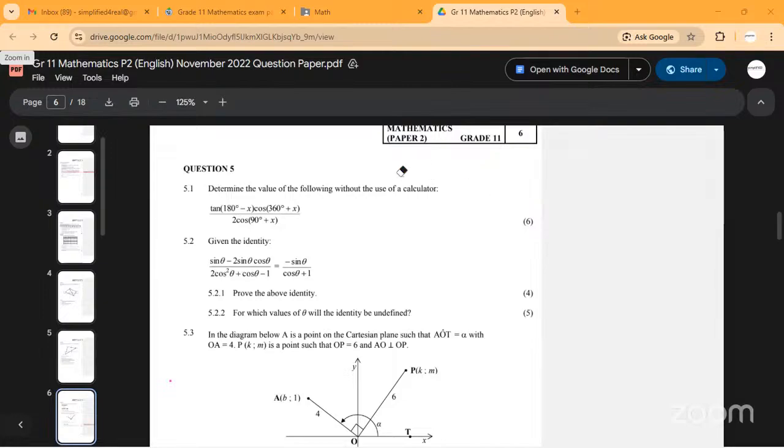Normally, what would make 1 over x to be undefined? If x was 0.